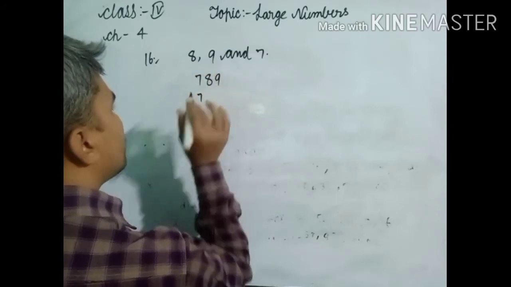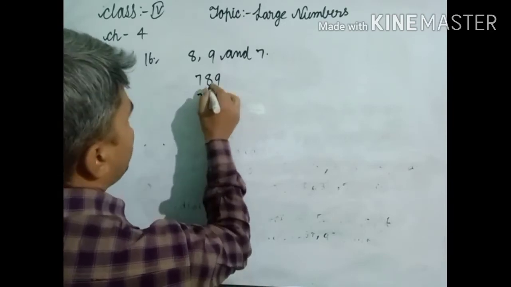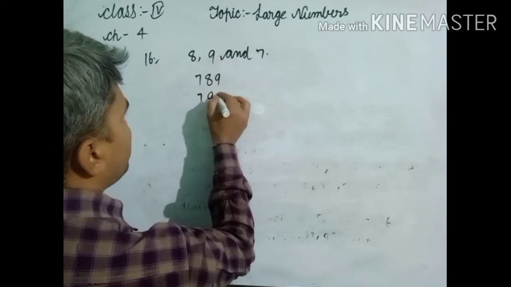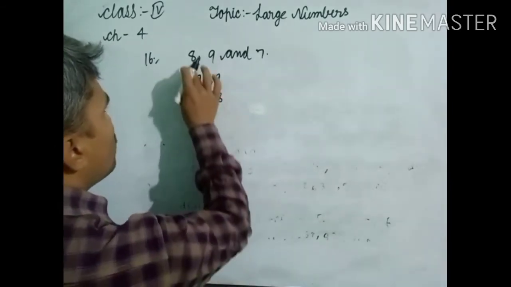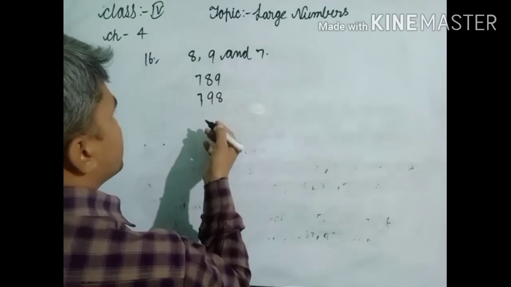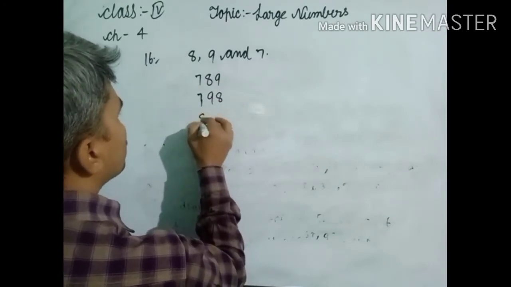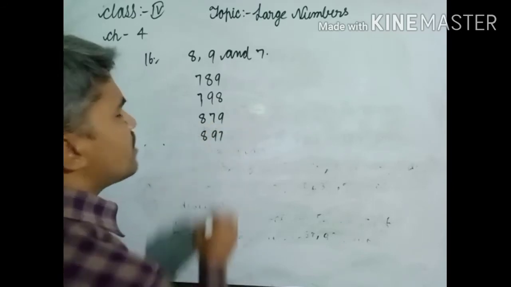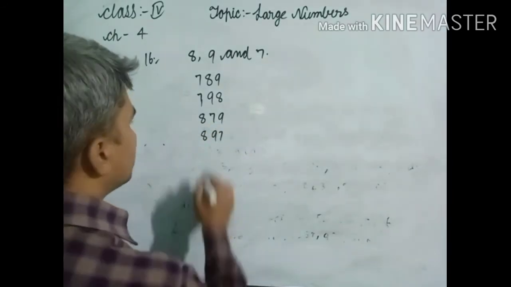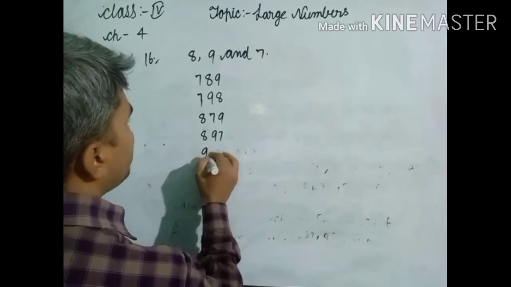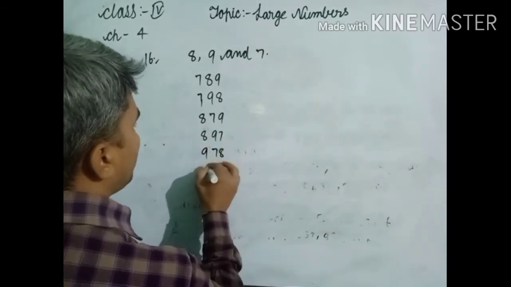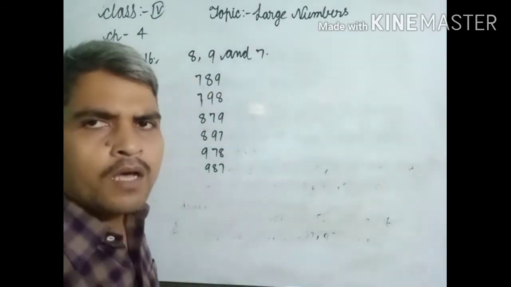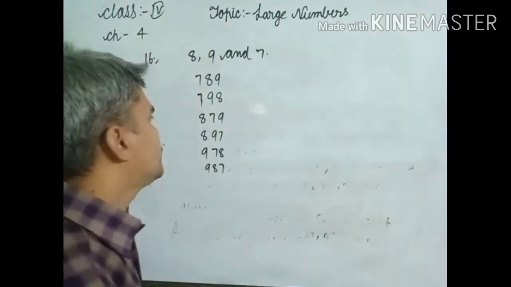Now 7 is established in the hundreds place, and interchange the tens and ones digits: 798, and now the second smallest, 8, so you write 879 and 897. Now 978 and 987. Dear students, in this way you make all the possible 3-digit numbers.